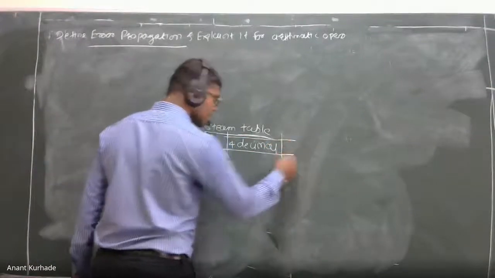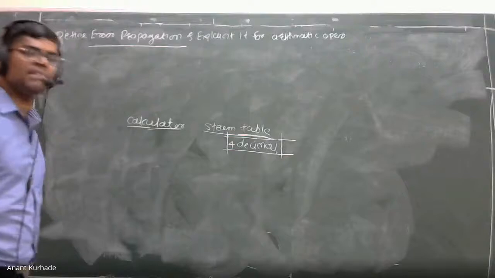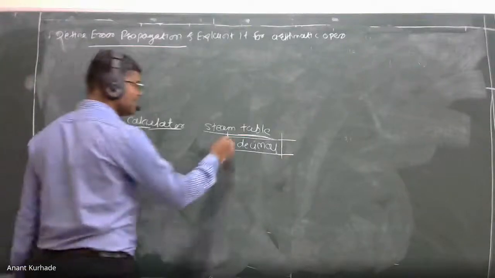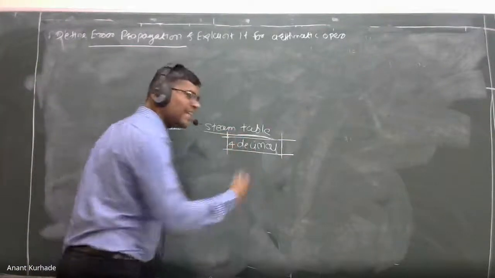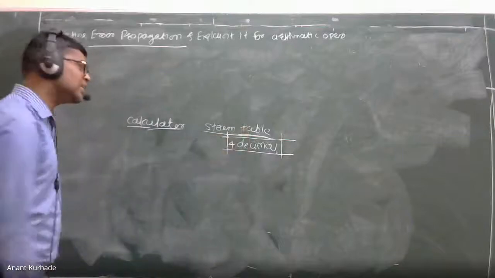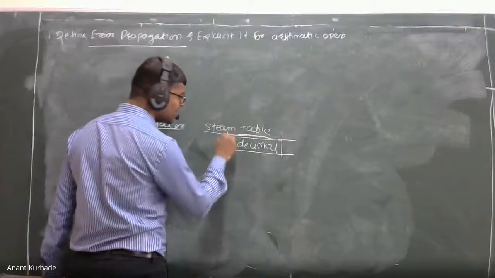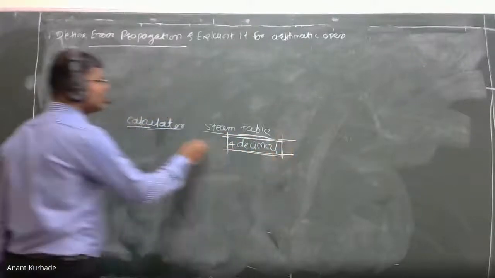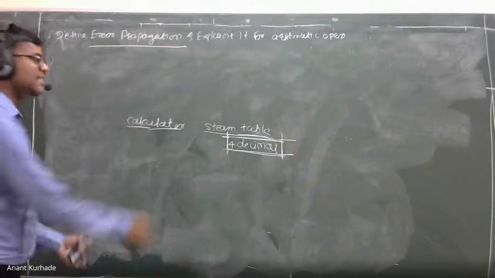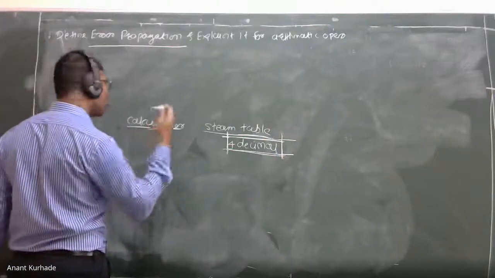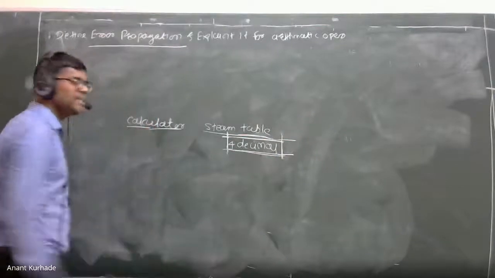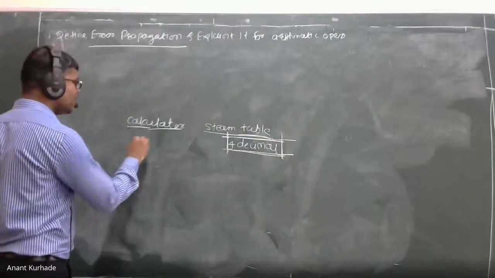But still, we are taking values from the steam table and again calculating the answers. The steam table values are fixed to 4 decimal places. In the calculator also, if you fix the calculation to 3, 4 or 5 decimal places, then again you can have error.